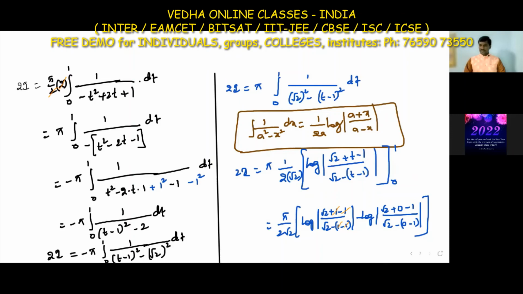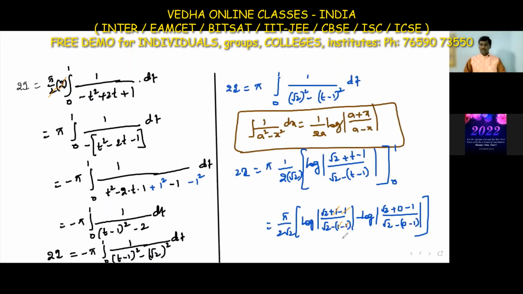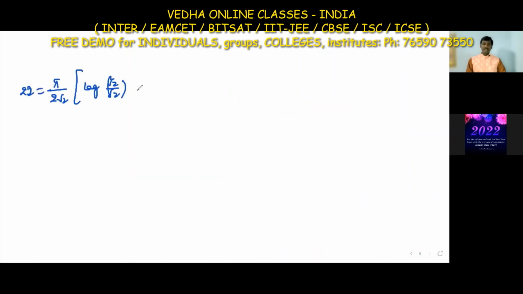So 2I is equal to pi divided by 2 root 2 into log of root 2 divided by root 2, this is the first term, and minus log of (root 2 minus 1) divided by (root 2 plus 1).